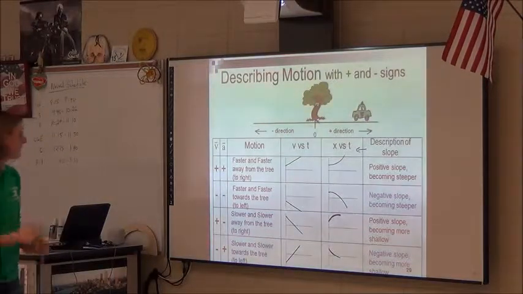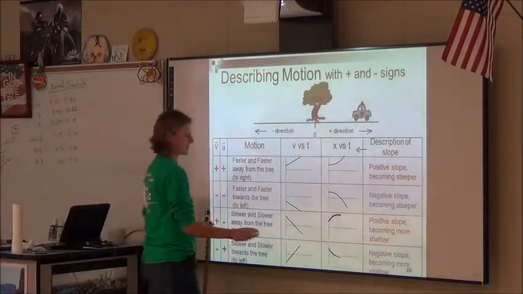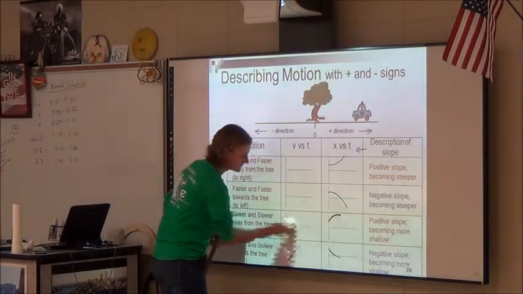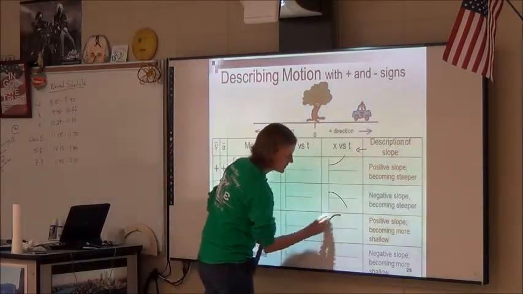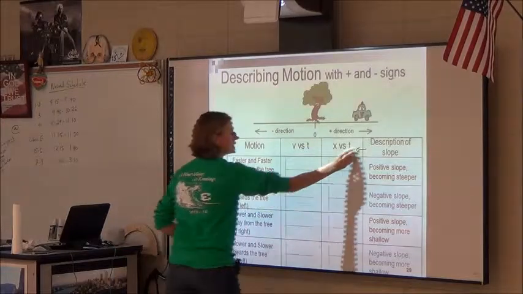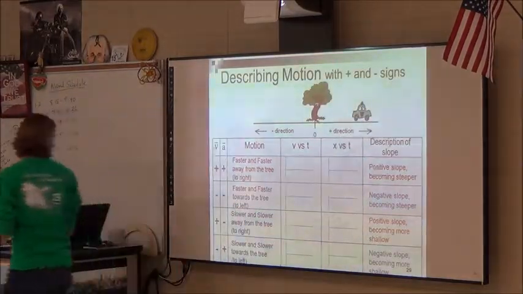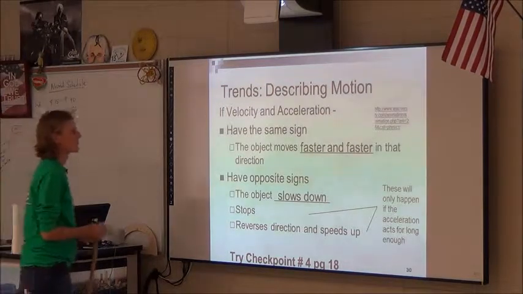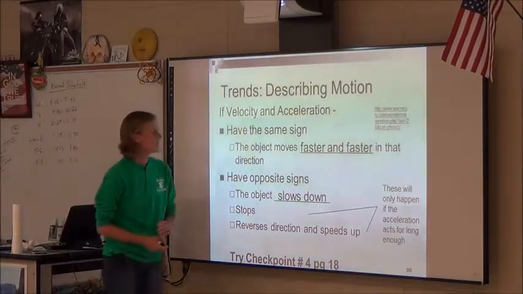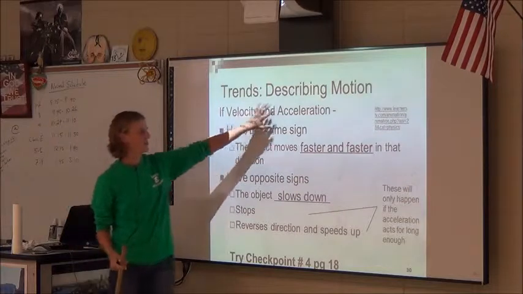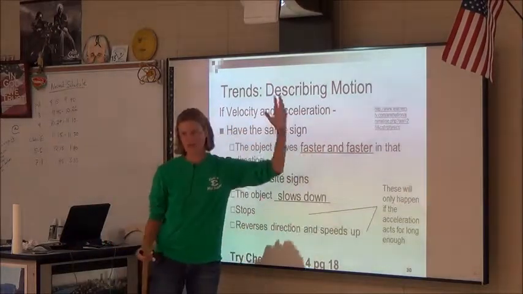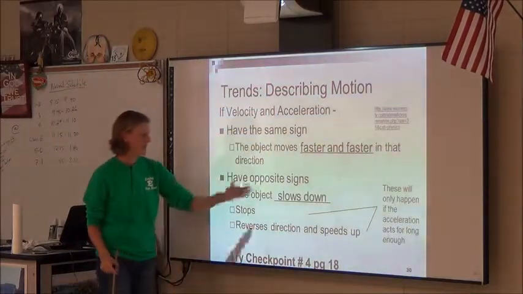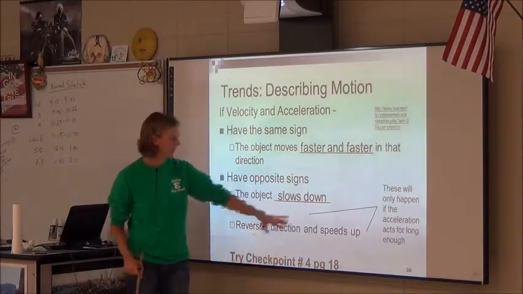All right, one last slide, which is really just a summary of this. So these are your trends. Of course, if velocity and acceleration have the same sign, it's going faster and faster. If they're the opposite sign, it's going to slow down, and you guys just mentioned this.